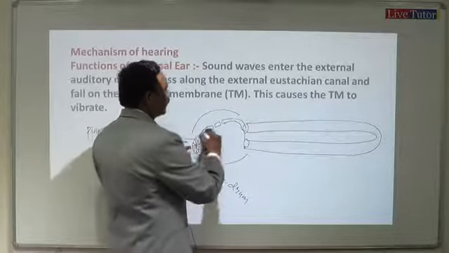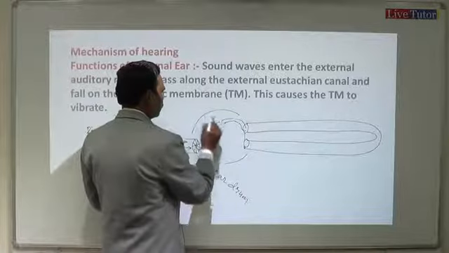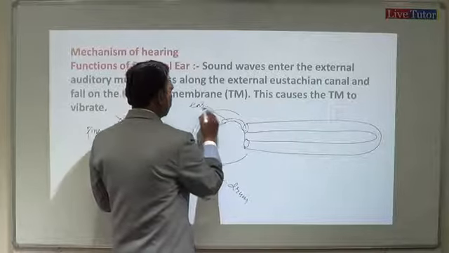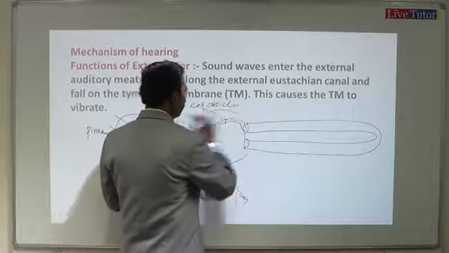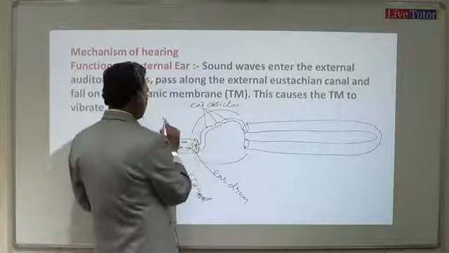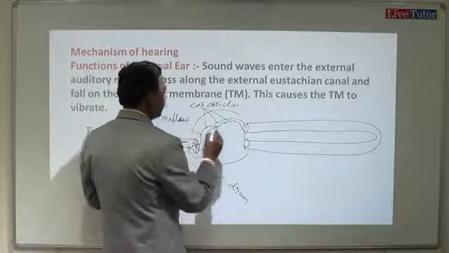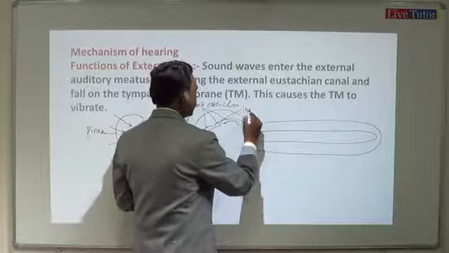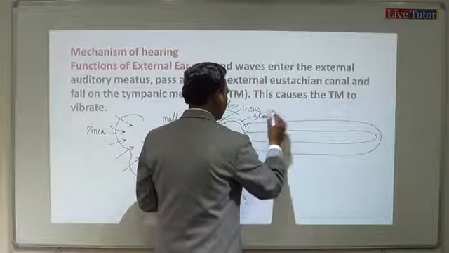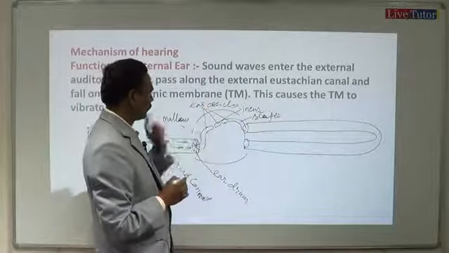The vibration is transmitted to the inner ear through the ear ossicles. The three small bones are collectively called the ear ossicles. They consist of the malleus, then the incus, and the stapes.